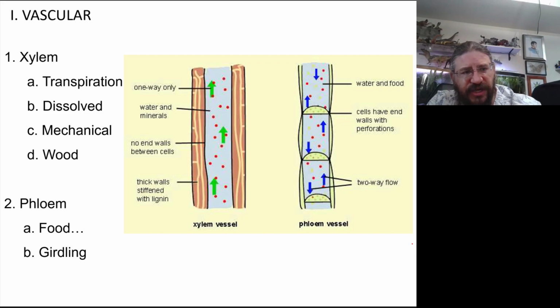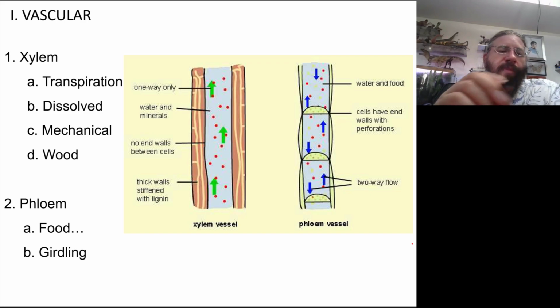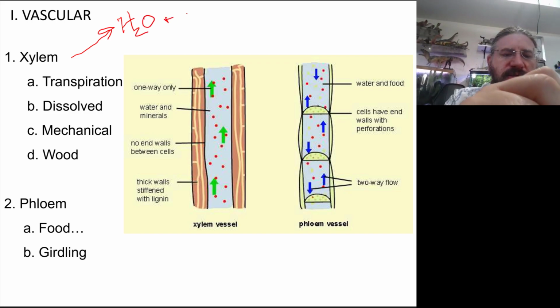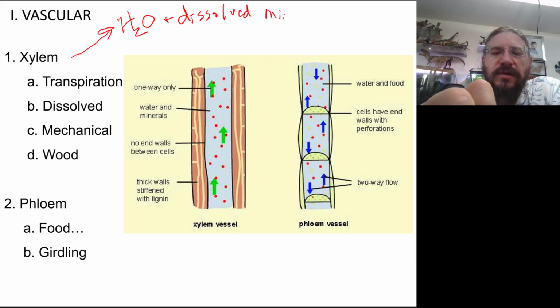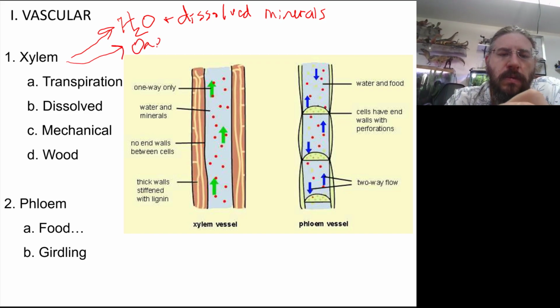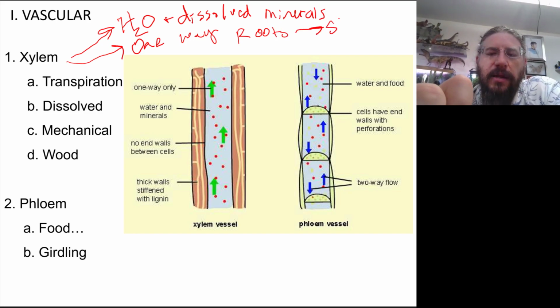On to vascular tissue. Here we've got good old-fashioned xylem and phloem. So, xylem is our water vessels. H2O and dissolved minerals, that's what it carries. It is one way. Water is absorbed at the roots, and it goes all the way to the leaves and the stomata.